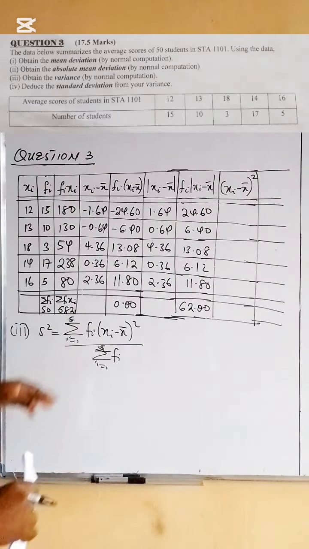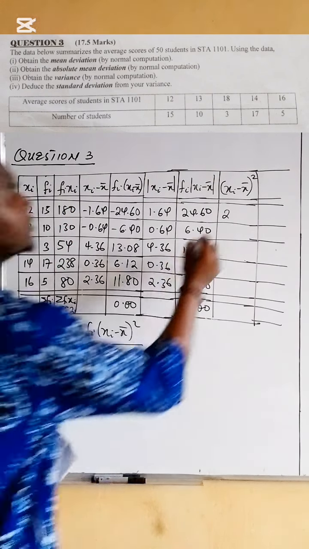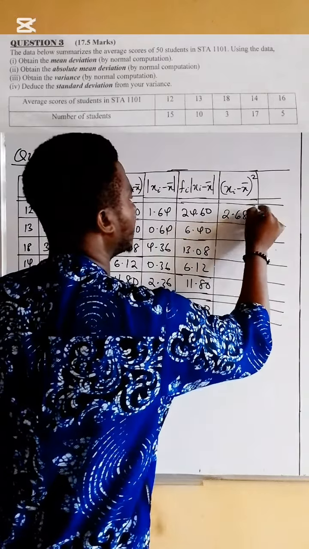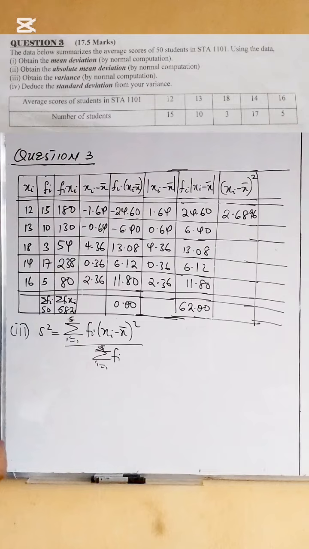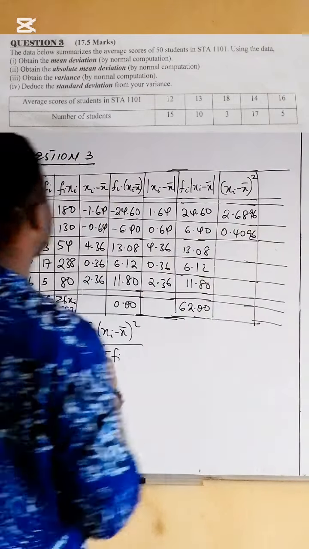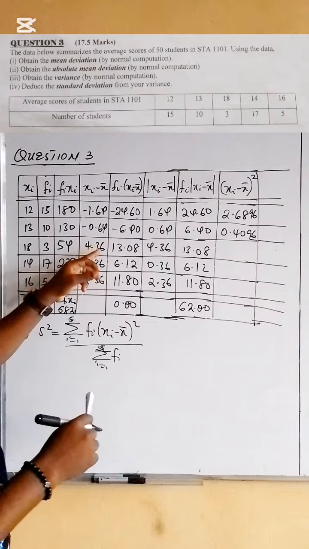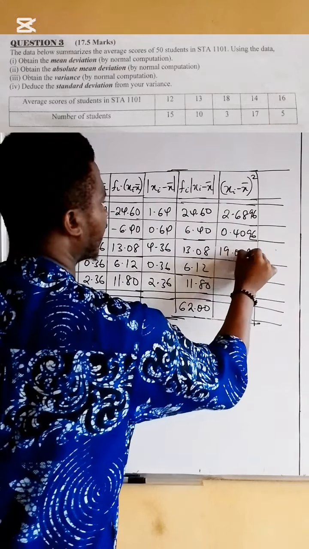So whatsoever we have as xi minus x bar, square them. Minus 1.64 squared will give us what? 2.6896. Okay? Minus 0.64 all squared, 0.4096. 4.36 all squared, 19.0096.